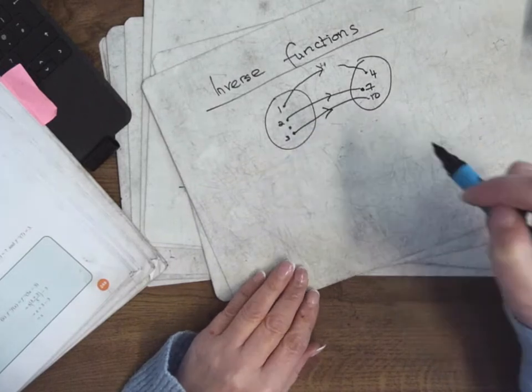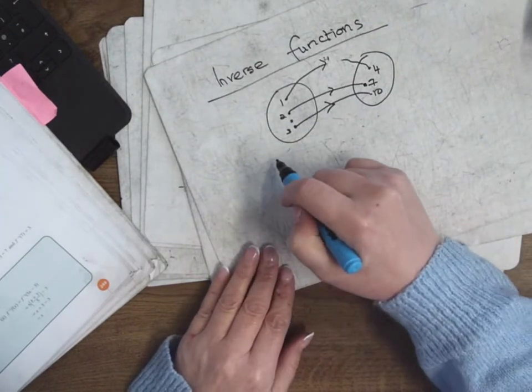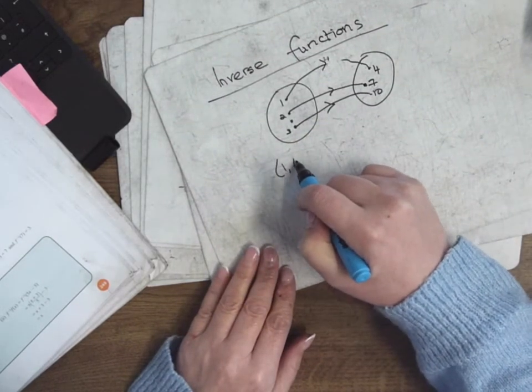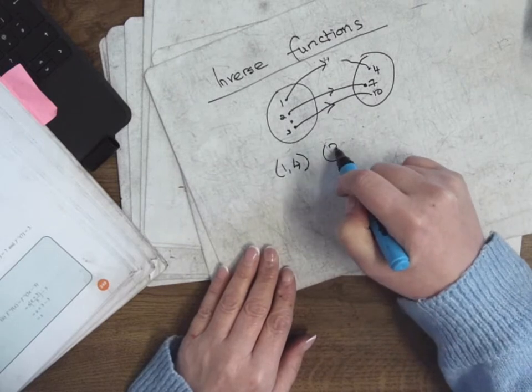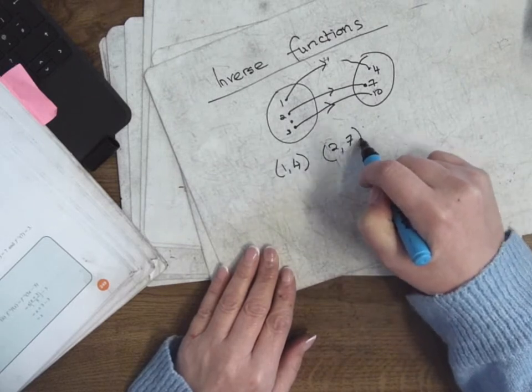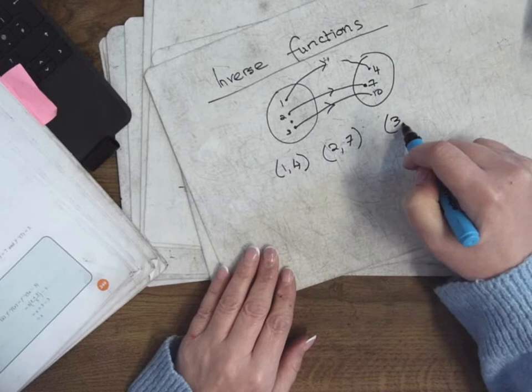Okay, there's a function. So 1 goes to 4, 2 goes to 7, and 3 goes to 10. That's just a function, right?